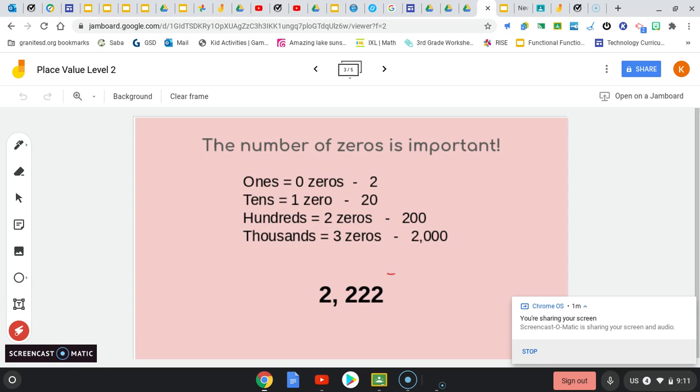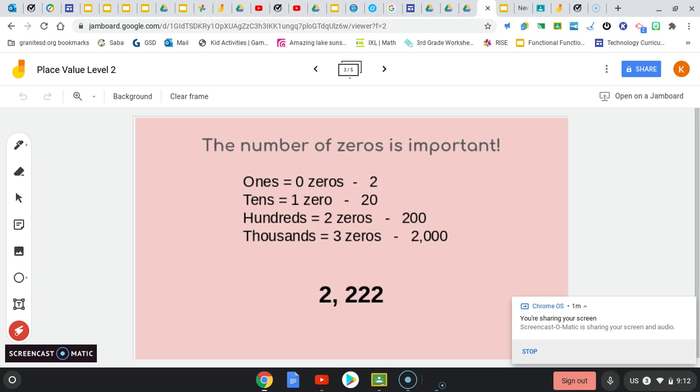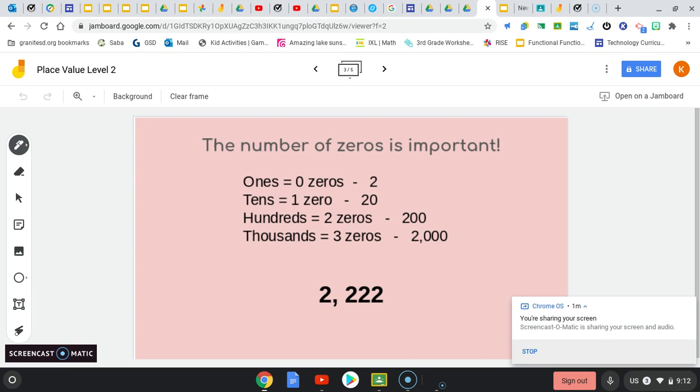We have our example here. Our number is 2,222. I made all the digits in this number the same so that it might be easier for you to understand. We are going to look at this 2, which is in the ones place. Let me just draw an arrow over here.